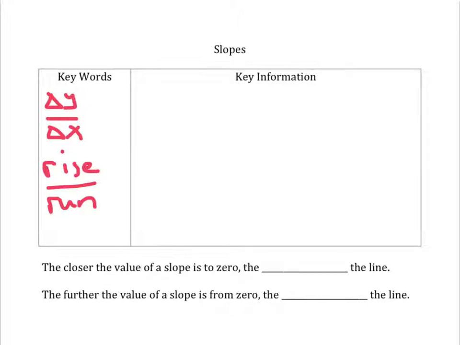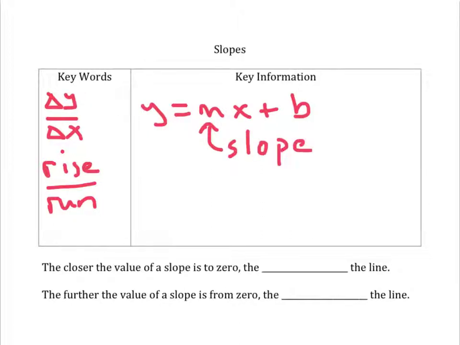So key information when we're talking about slopes is that if we have y equals mx plus b, the m is our slope. And so when that changes, it's going to change the steepness of the line.